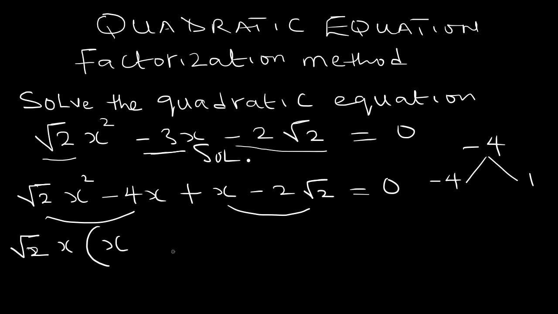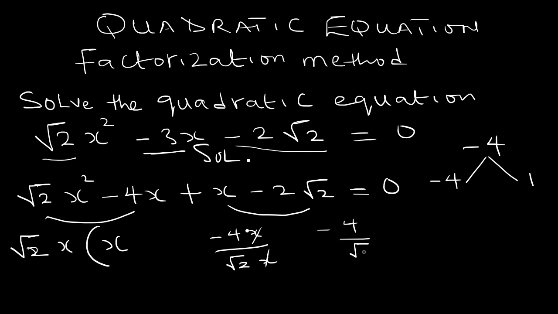Now, we have minus 4x divided by root 2x. Let's work it out. X will cancel out and we have minus 4 over root 2. So we'll rationalize this value.